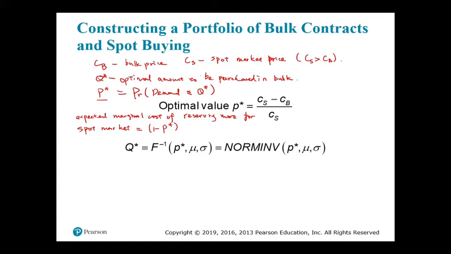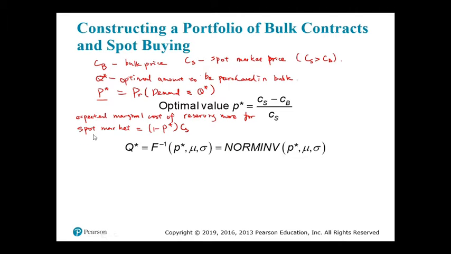Right, so if demand exceeds what's in the bulk market, the amount to be purchased in the bulk market, then there is leftover to be bought in the spot market. And for each of those products sold in the spot market, we're going to make CS. This is the marginal cost for reserving more for the spot market.